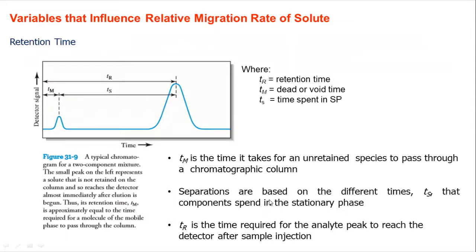Then, separations are based on the different times or Ts that components spend in the stationary phase. While the Tr or the retention time is the time required for the analyte peak to reach the detector after sample injection.